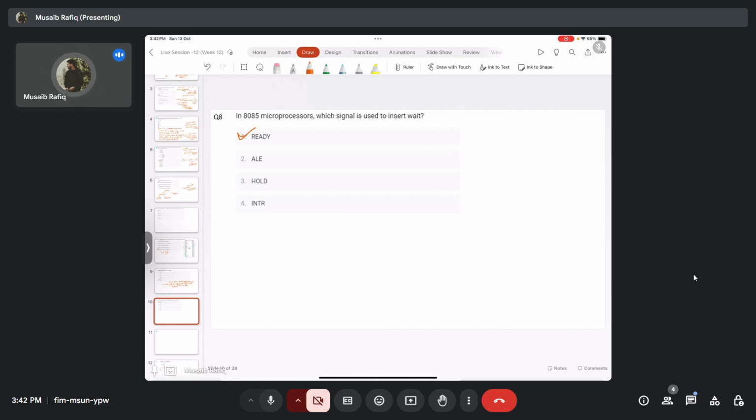This signal is used to latch the lower order bits from the multiplexed bus and generate a separate set of 8 address lines, A7 to A0. So the ready signal is used to insert wait states. The hold signal has two parts, HLDA and HOLD. So option 1, the ready signal, was the correct answer.